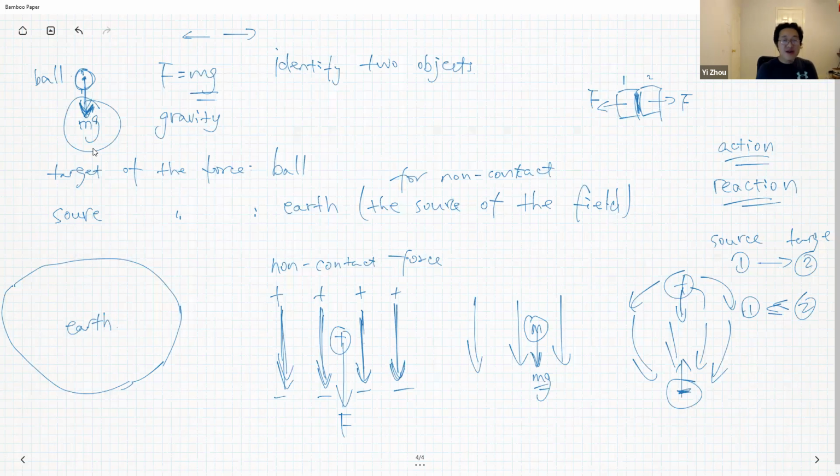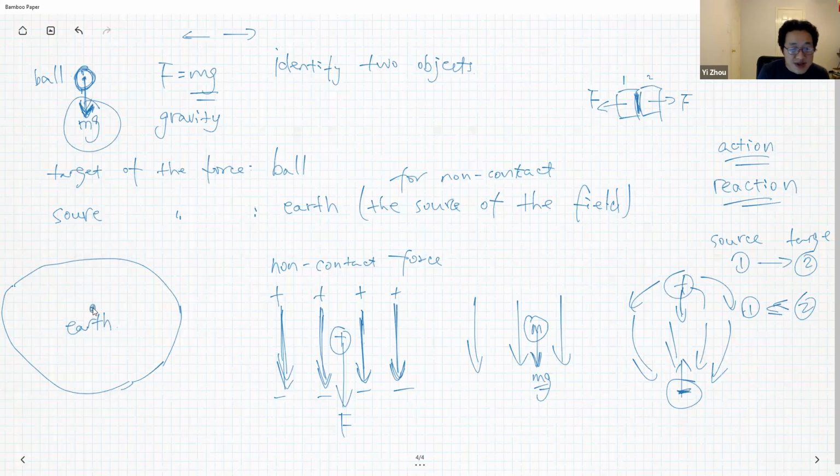Anyone can tell me what is the reaction force for the gravity of this ball? It's also mg. It's going up. So which object is it acting on? Like the ball goes down and the Earth goes up a little. Right.